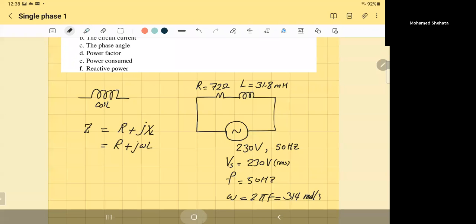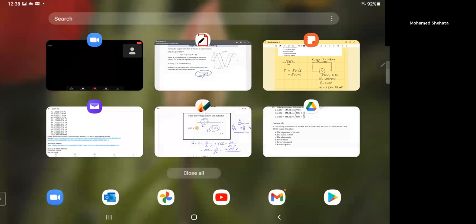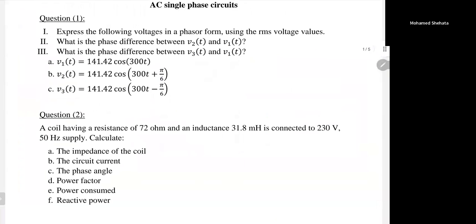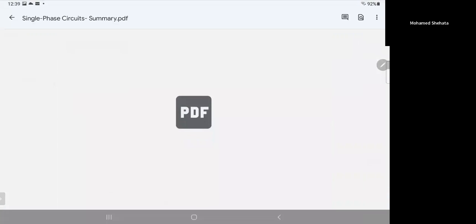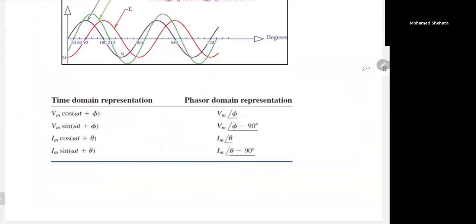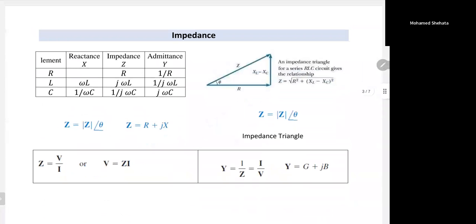I'm sure that you did it in Circuits 2, but let's refresh your memory here. That's the impedance. If it's a resistor, it doesn't have reactance, but has impedance equal to R, the same thing.